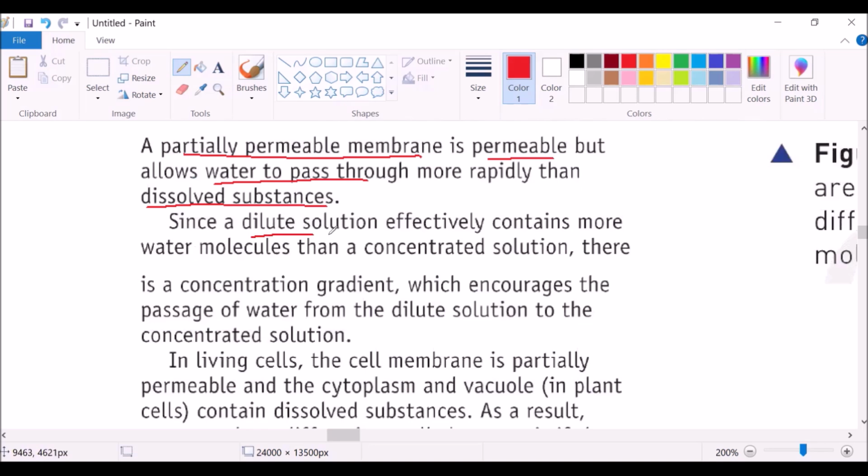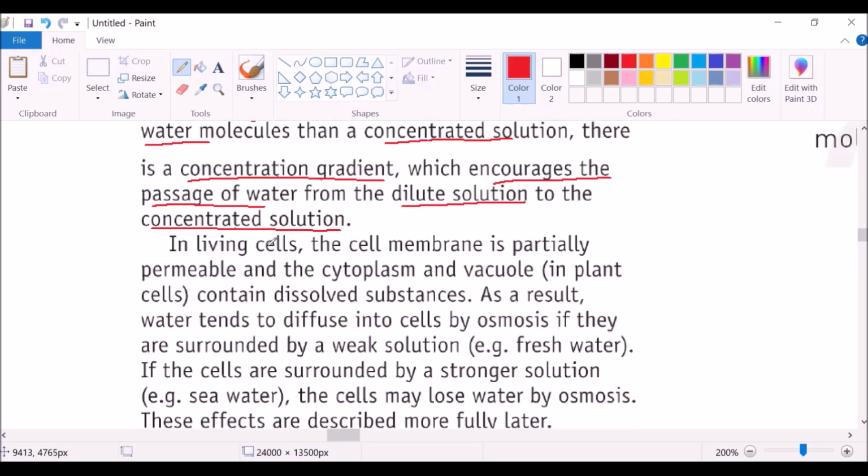Since a dilute solution effectively contains more water molecules than a concentrated solution, there is a high concentration gradient, which encourages the passage of water from the dilute solution to the concentrated solution. In living cells, the cell membrane is partially permeable, and the cytoplasm and vacuole in plant cells contain dissolved substances.